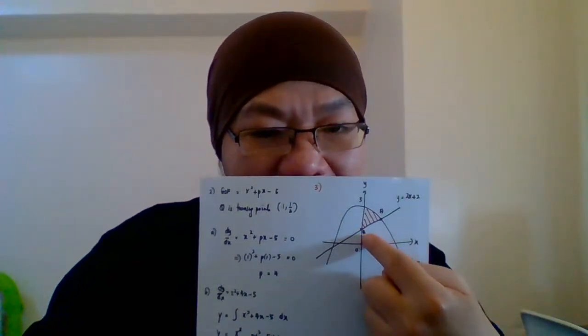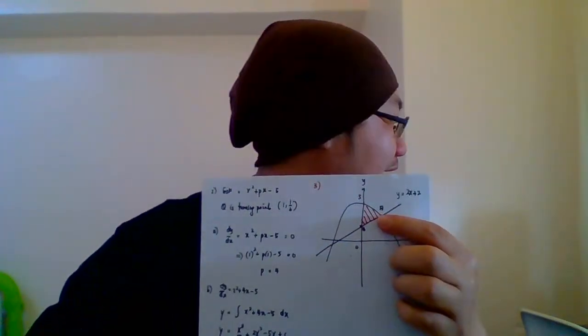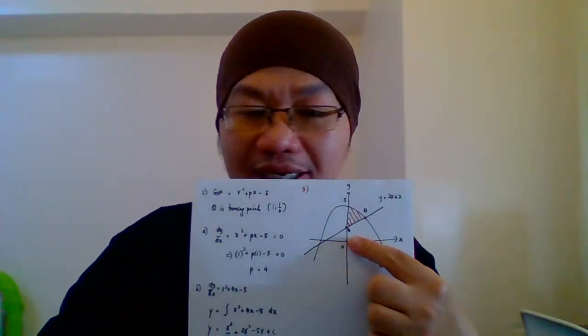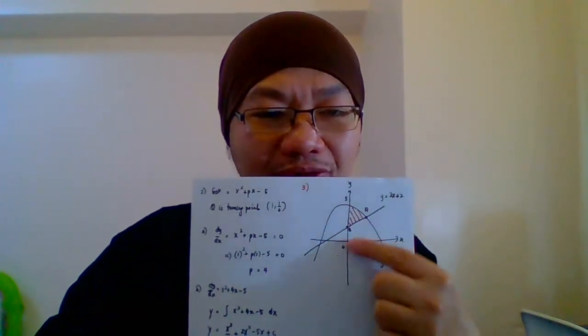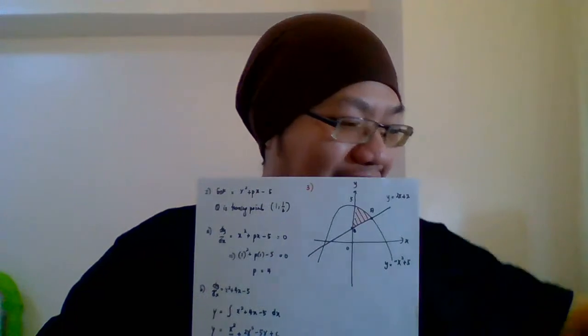This is the point A. This is the point B. Oh, terbalik. This is a point coordinate A. This is a coordinate B. So, how to find these two coordinates? Now, look carefully.